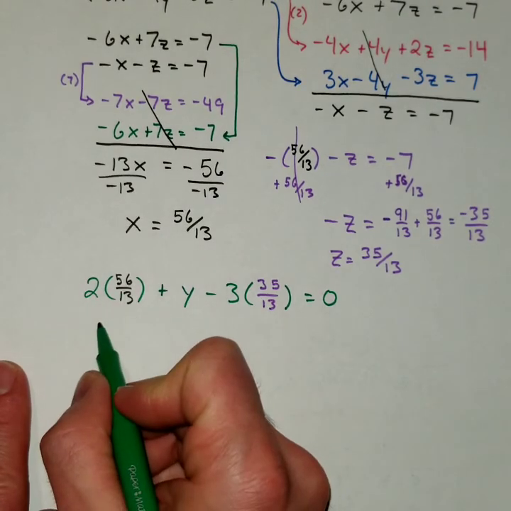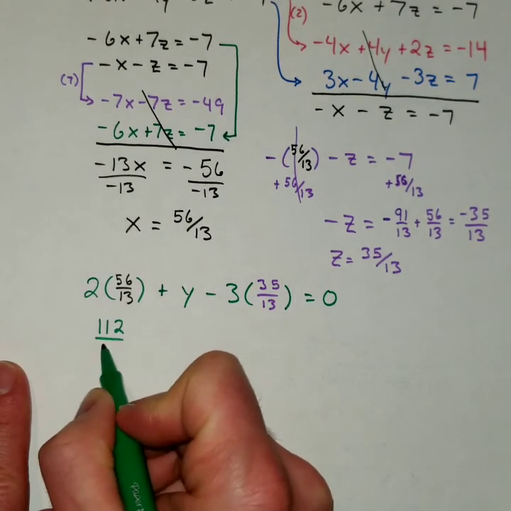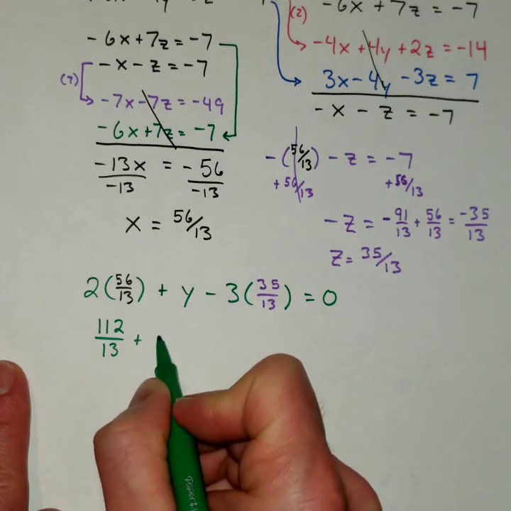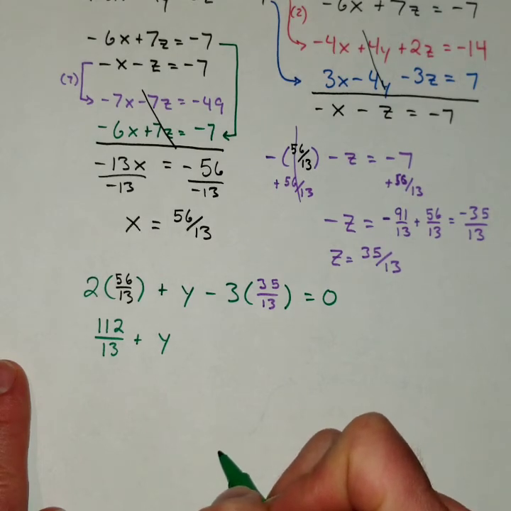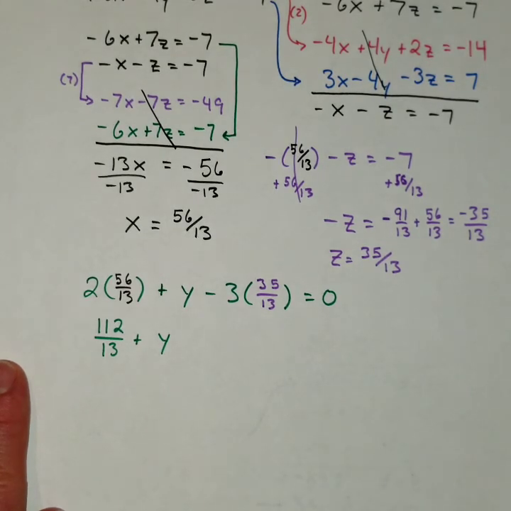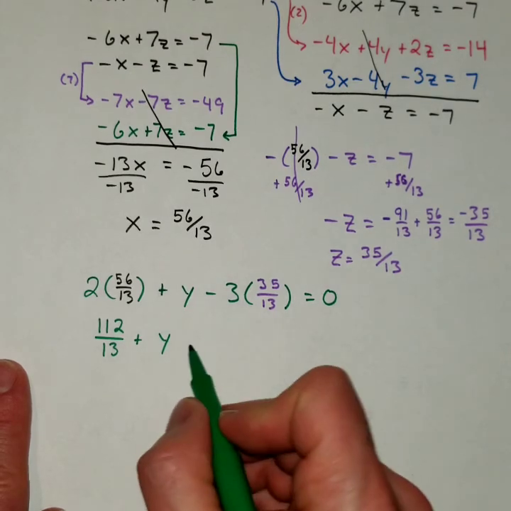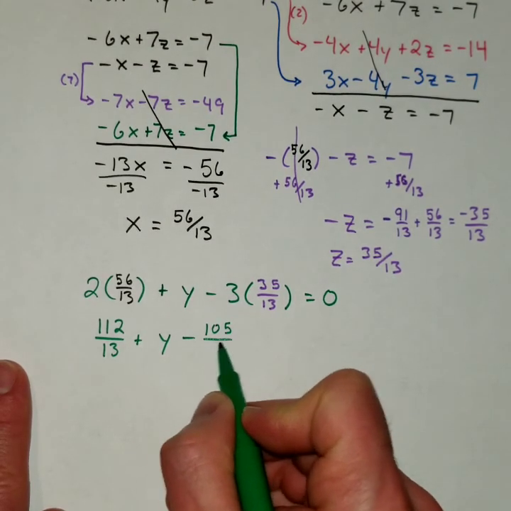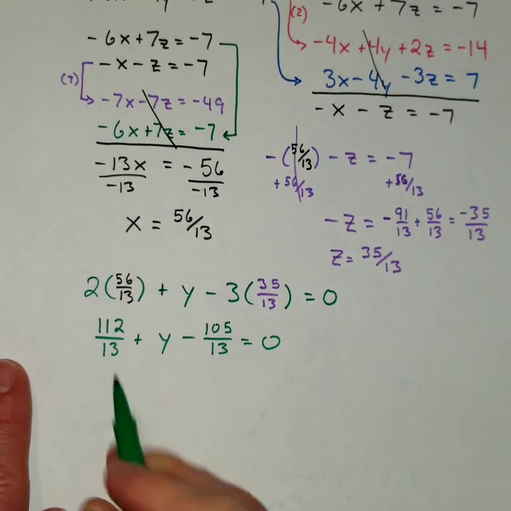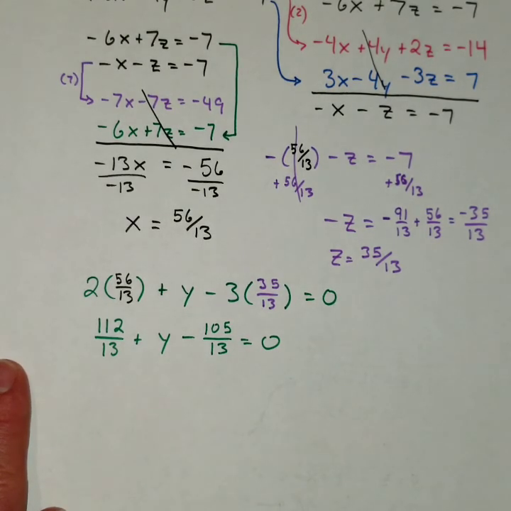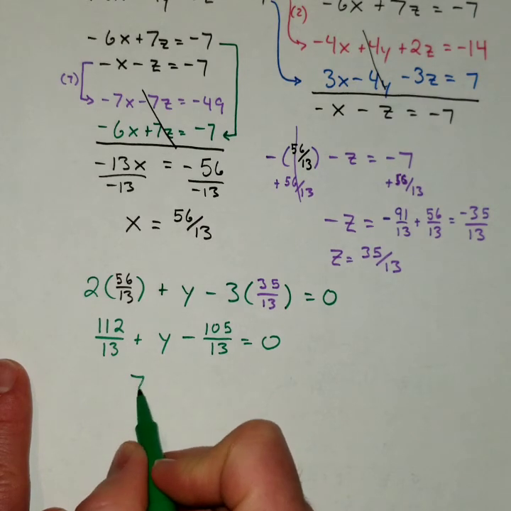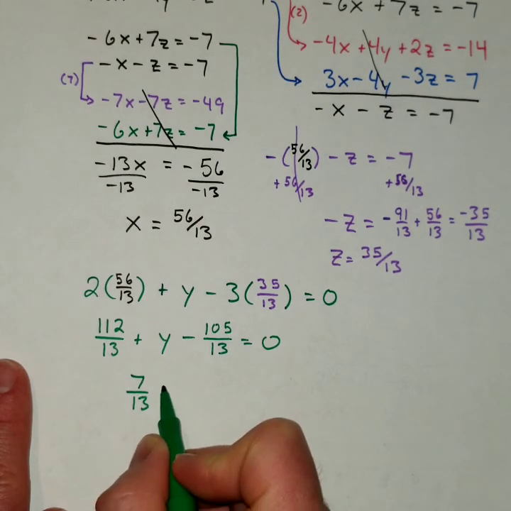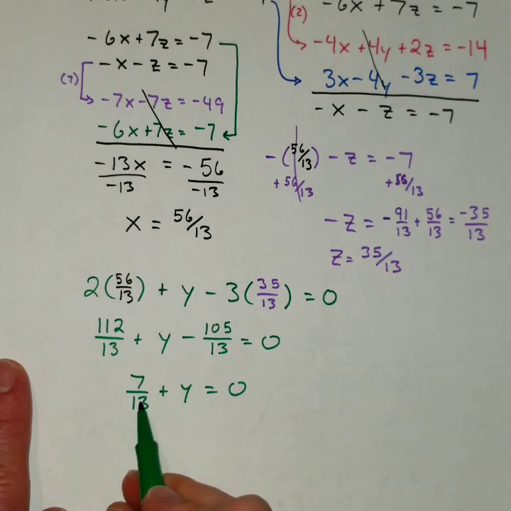2 times 56 is 112. 3 times 35 is 105, right? Yeah, 105, so it's minus 105/13. 112 minus 105 is 7, right? Yeah. So if I combine my terms here, that's 7 over 13 plus y equals 0.